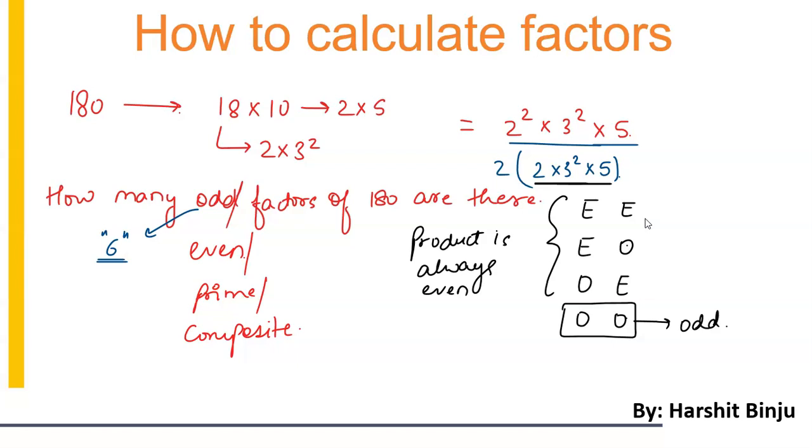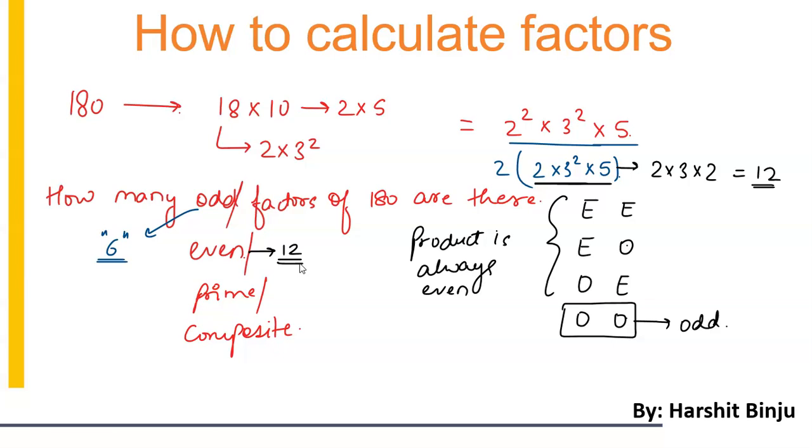So here the total number of factors will become 2 into 3 into 2, which is equal to 12. Okay, so you're going to have 12 even factors, and again that's the positive side; for negative, multiply by 2.